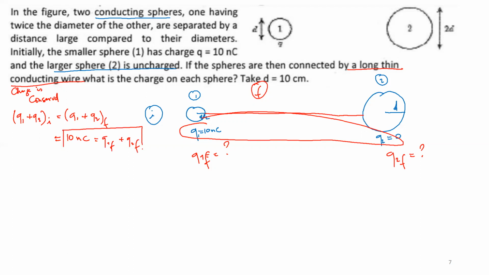Now, how do I get the second equation? This is different from chapter 21. In chapter 21, I used to give you the same size conducting sphere. If they have the same size, they will just exchange and each of them will take half of the charge. So if these two spheres have the same size, Q final 1 will be 5, Q final 2 will be 5.